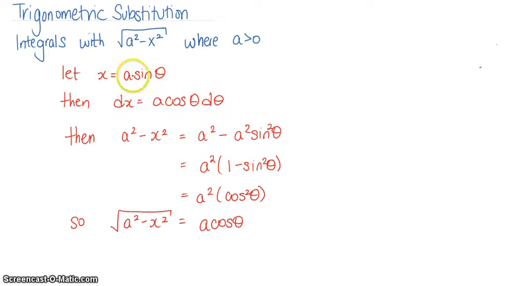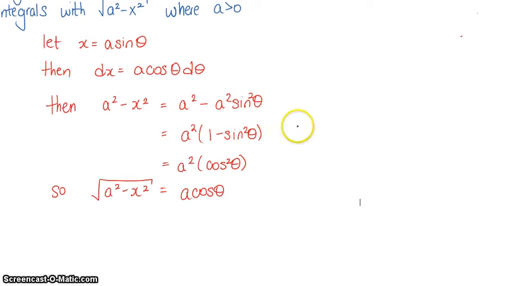And if we use both of these facts, well, primarily the first fact, and we say a squared minus x squared, we can replace x squared with a sine theta and square it. So a squared sine squared theta. Then we can factor out an a squared, and you're left with 1 minus sine squared theta.